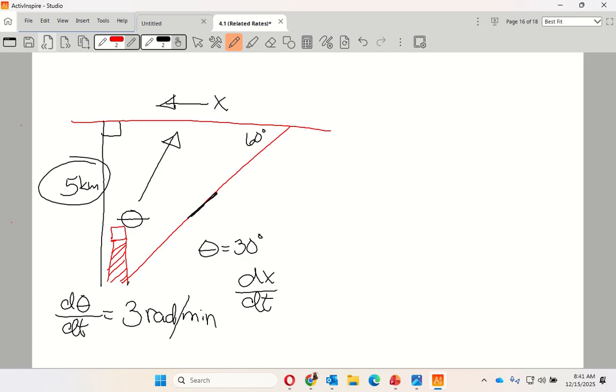So I'm going to set this up. I don't have anything else. All right, so I'm going to have tangent of theta is equal to what? x over 5?